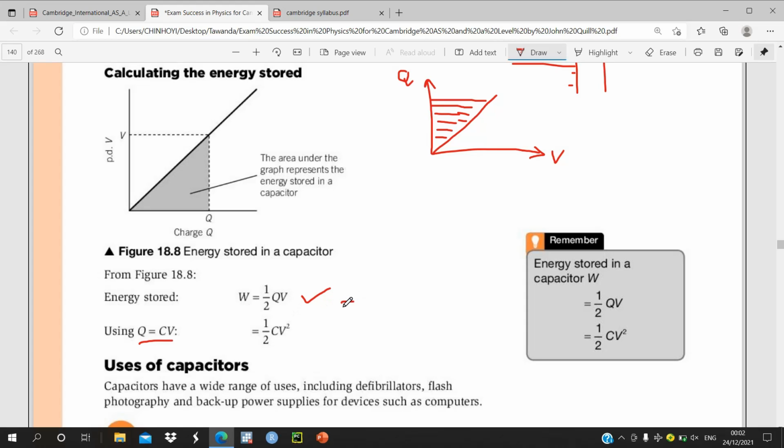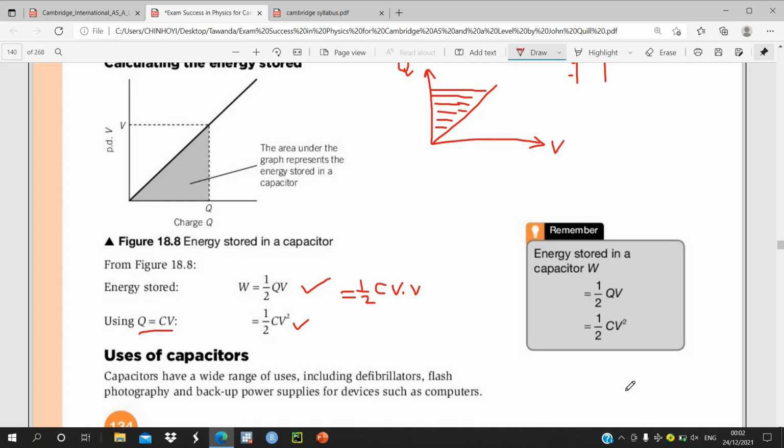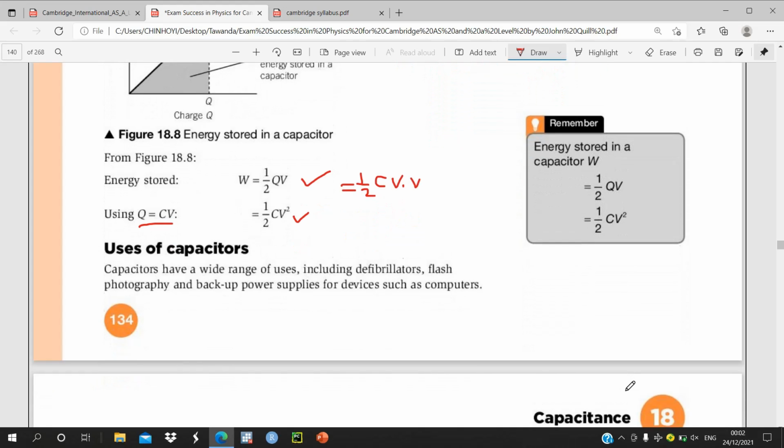Because here already we have half, and what is our Q? It's CV, times the V we already have, and if you multiply the two, we get this expression finally.